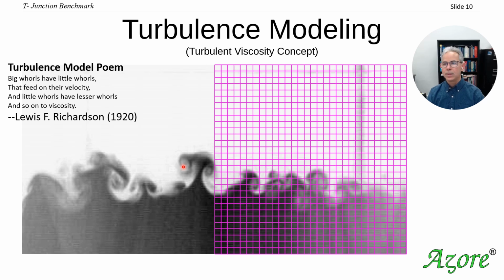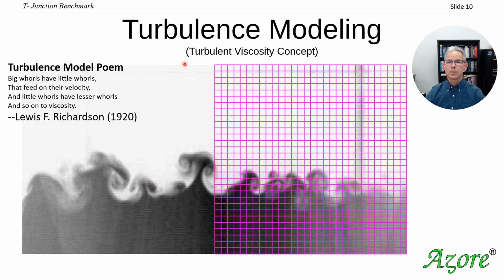And so how do we represent that? What is commonly done for a lot of two-equation turbulence models is you come up with this thing called turbulent viscosity. This turbulent viscosity is a scalar field that in essence tries to represent this process without actually resolving it.